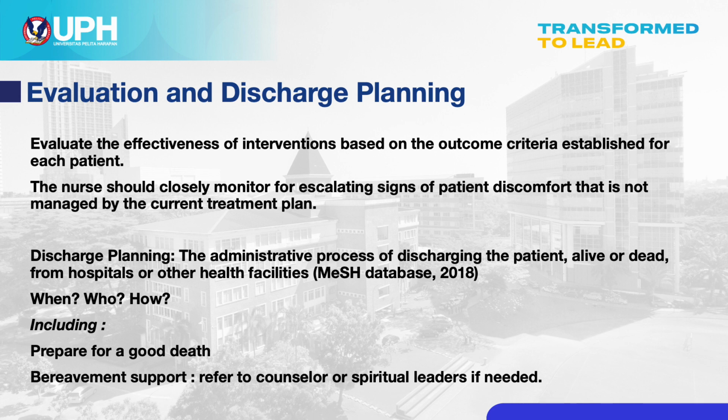Discharge planning is the administrative process of discharging the patient, alive or dead. It applies in palliative care or in other areas of nursing. Discharge planning is due when the patient comes to the hospital, is hospitalized, or is being cared for. The team, here palliative care nursing, does the discharge planning.